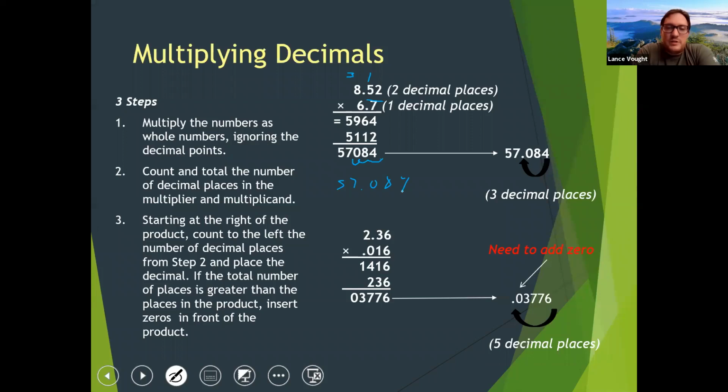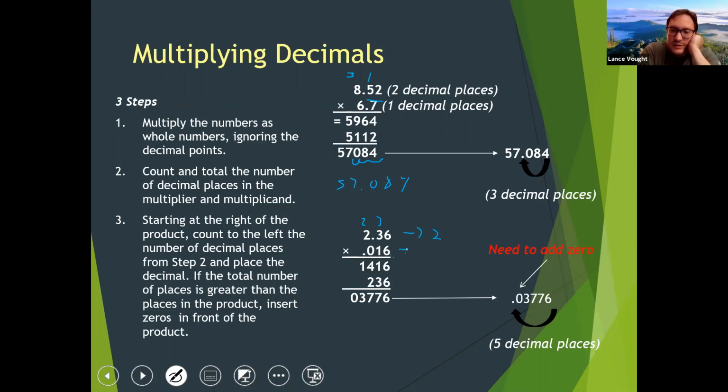For this one, 6 times 6, here at the bottom, is 36, carry the 3. 6 times 3 is 18, plus 3 is 21, carry the 2. 6 times 2 is 12, plus 2 is 14. 1 times 6 is 6, 1 times 3 is 3, 1 times 2 is 2, so you get the same, and then 0 times that is 0, so there's nothing else to add. But in this case, there are 5 decimal spots.